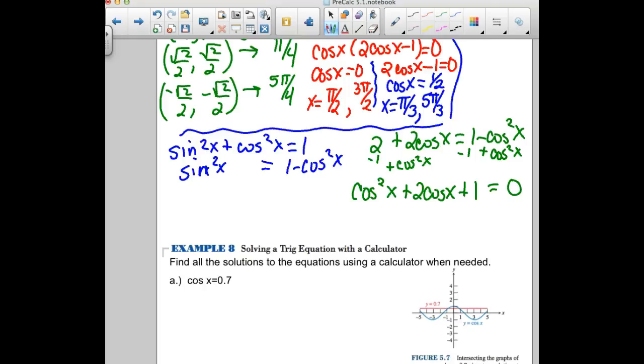Okay, and if we factor that, that factors into cosine and cosine. To get a positive 1 and a positive 2 in the middle, we need both positive 1s. So we're going to get two identical factors. So we're really just saying, where is the cosine of x plus 1 equal to 0?